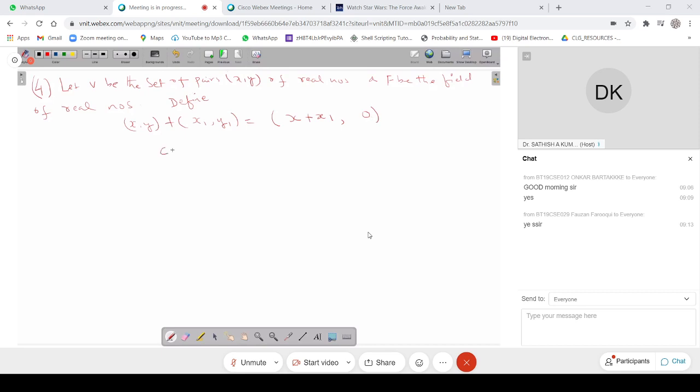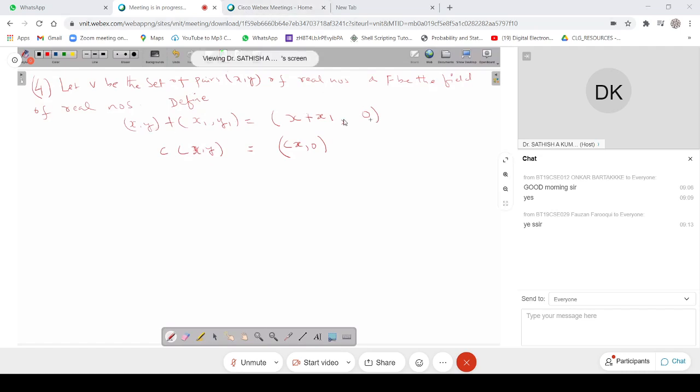And then c of x comma y is defined by cx comma 0. Now you see that the addition is defined in such a way that y plus y1 will be 0.